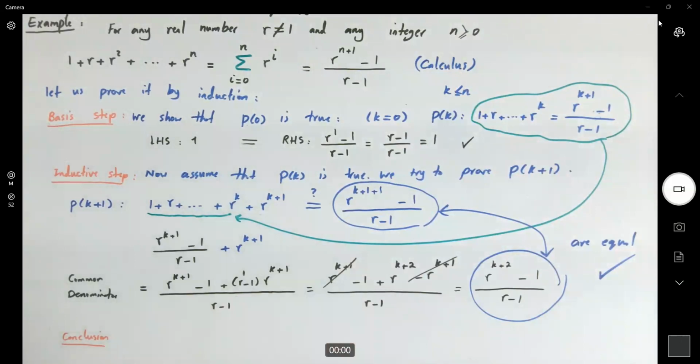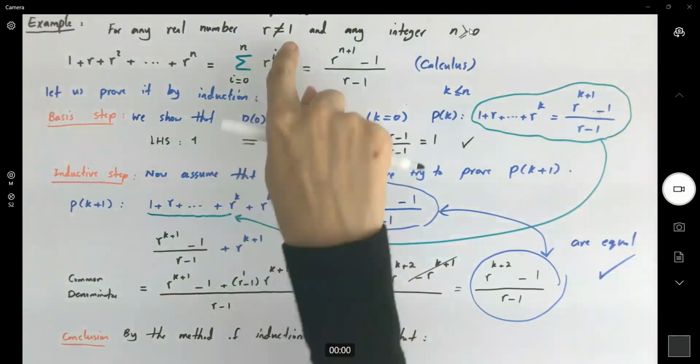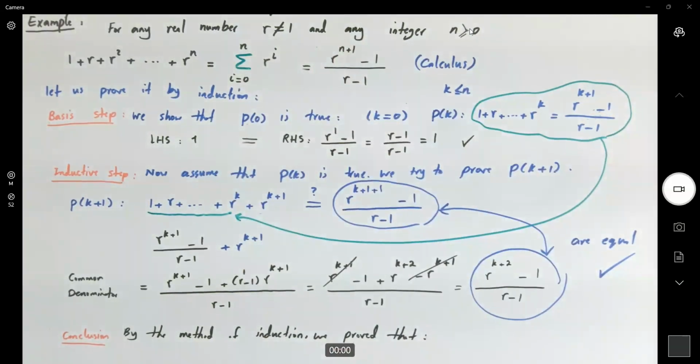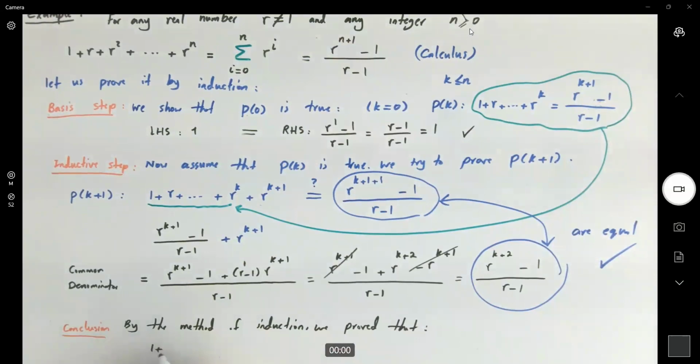I got new markers. By the method of induction, we just proved that if you take these terms, 1 plus r plus r squared up to r to the n, and add them together, where r is not 1 and n is larger than or equal to 0, it is equal to r to power n plus 1 minus 1 divided by r minus 1.